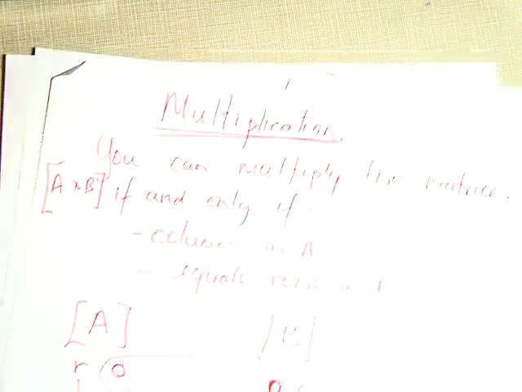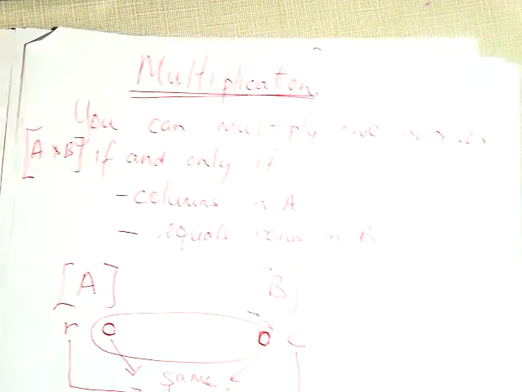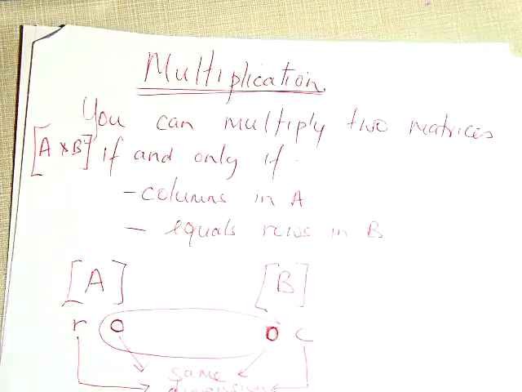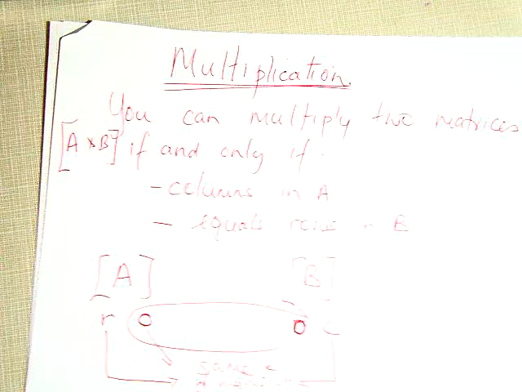A third thing that you want to be able to do is to multiply one matrix by another matrix. So multiplying 2 matrices.